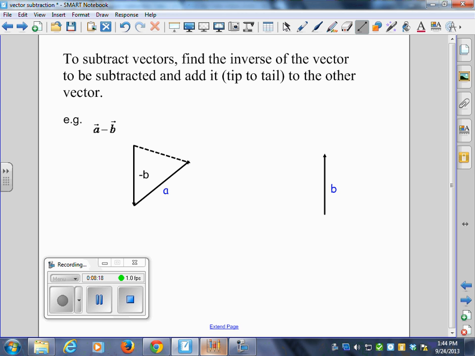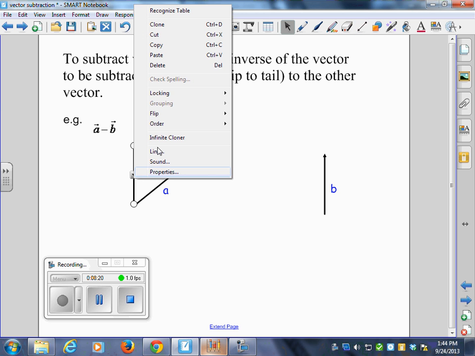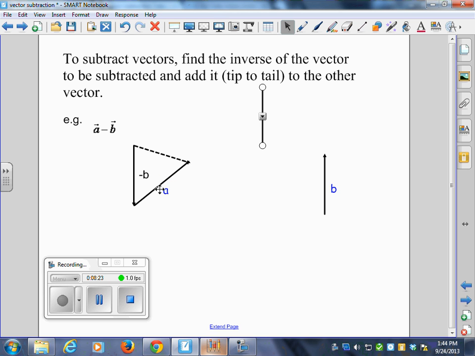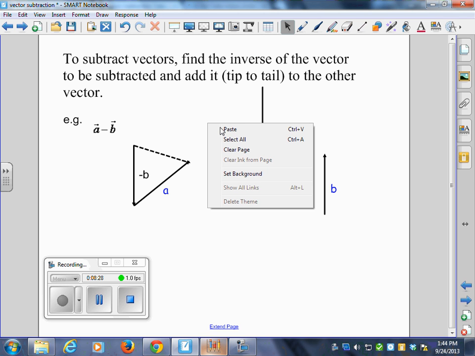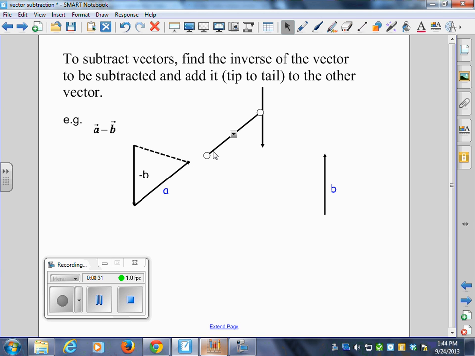Now, is that the same as if I take this one and copy it, paste it over there, and I take A here, and I copy that and paste it over here? Here I want to go A and then a minus B, right? A minus B, is it the same thing?